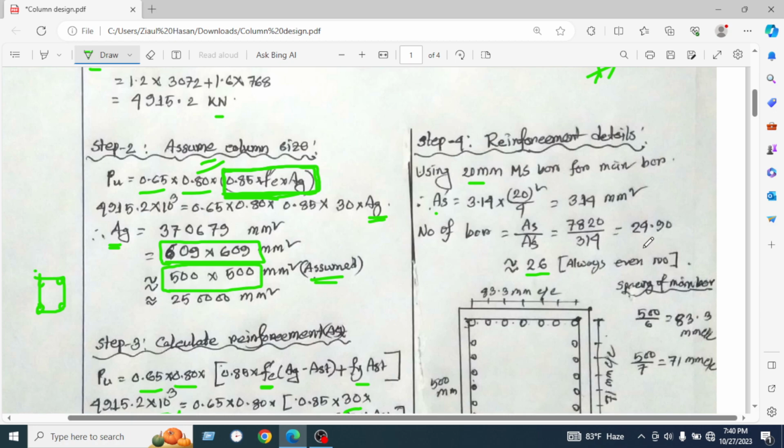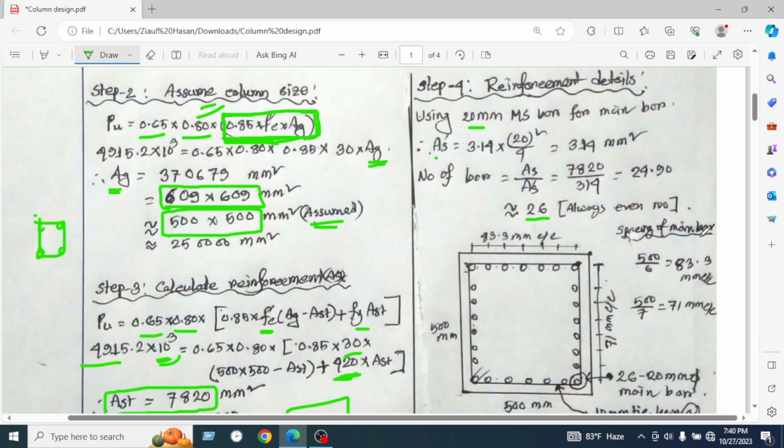We will always use an even number of bars. We cannot take 25 as we have shown here 24.90. We cannot take an odd number, rather we will take 26 or an even number.